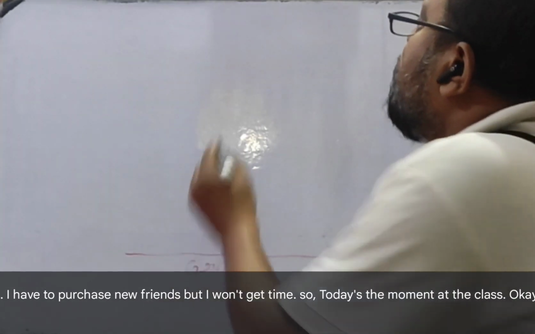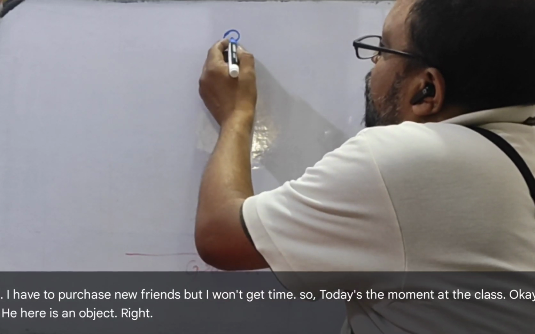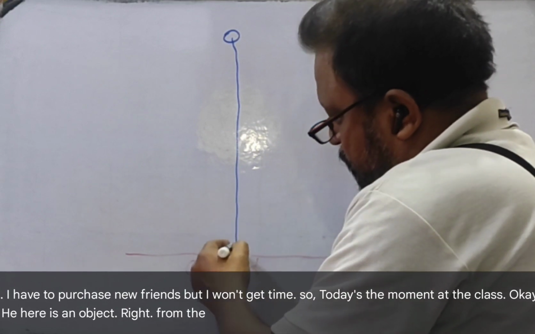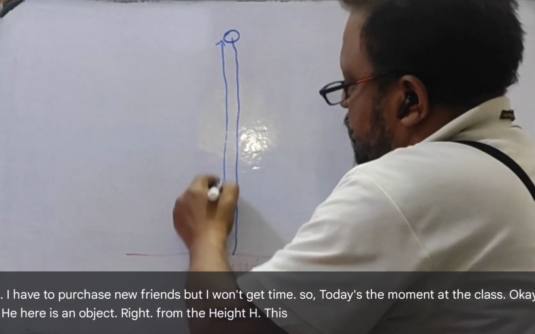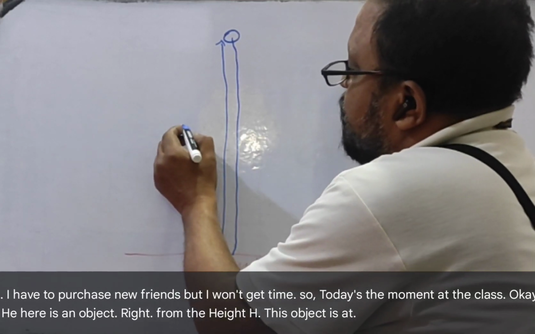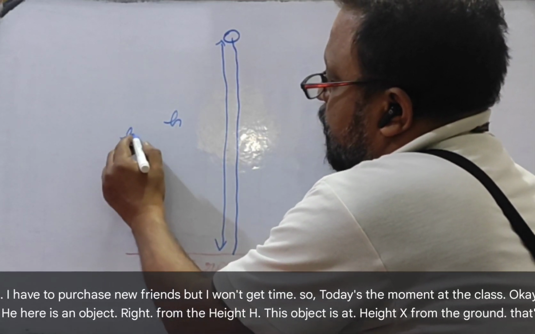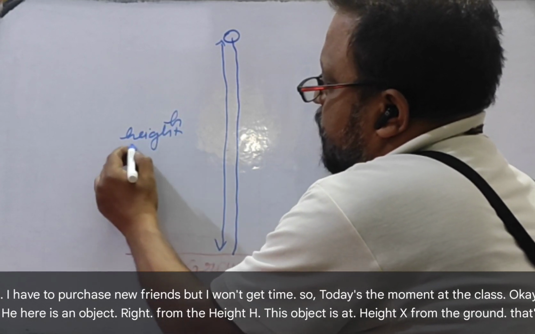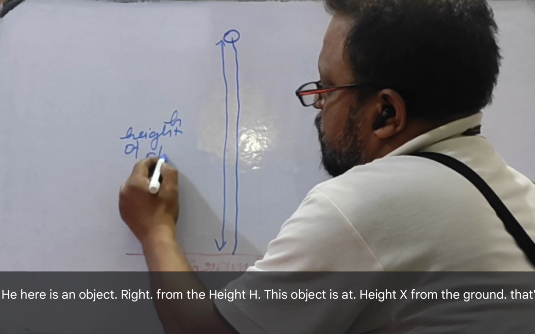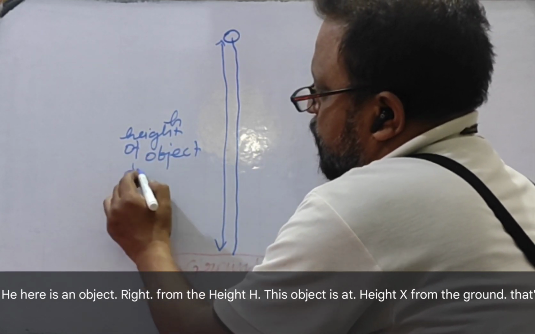So here is an object, right? This object is at height h from the ground. H is the height of the object from the ground.